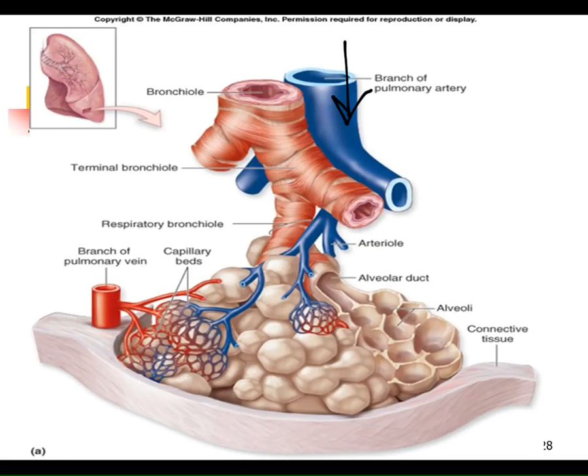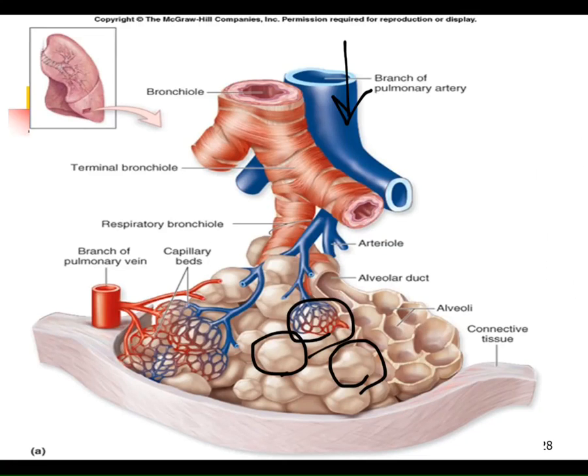Blue blood's coming into the lung. And then each and every one of these little air sacs has its own cute little capillary bed. Aren't those cute? Every little alveolus has its own dedicated little capillary bed surrounding it.